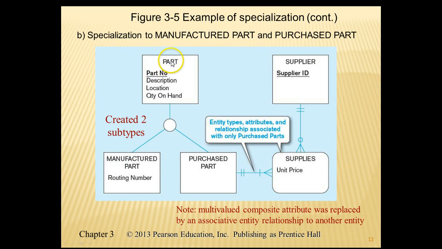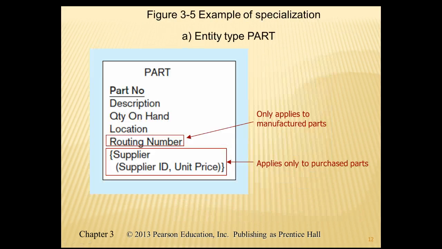So you'll notice that we still have the part entity, which is now a supertype, and then we have two subtypes below it. The manufactured part, which has the routing number that was identified up above as only being for manufactured parts, and then we have purchased parts. Now, let's take a look at what's happening with this. If you remember from the slide above, there's a composite attribute right here that has supplier that includes the supplier ID and unit price.